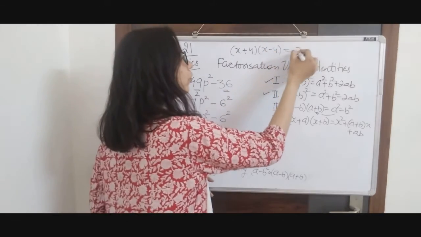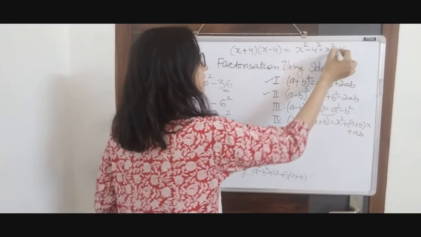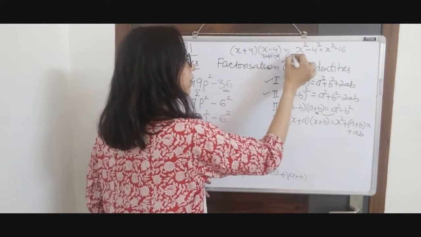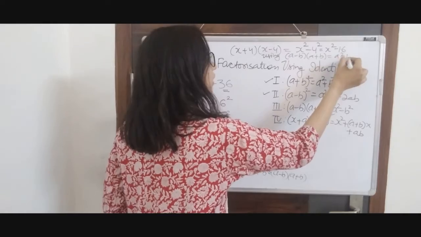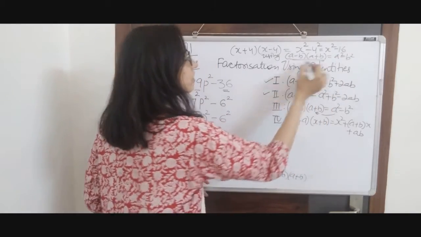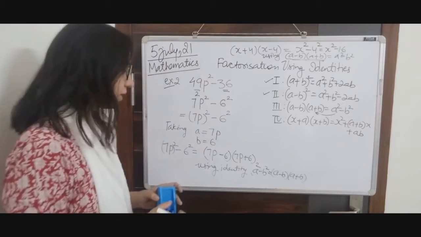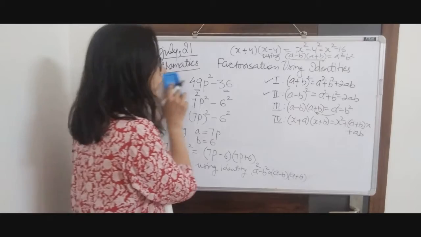In that we will be doing x square minus 4 square, that is x square minus 16, and here we will mention that we are using the identity (a minus b) into (a plus b) is equal to a square minus b square, because we are starting with this. Whatever we are starting with, we write that on the left hand side. So this was the third identity.